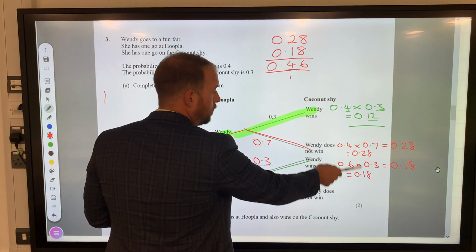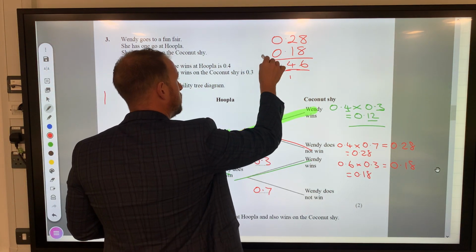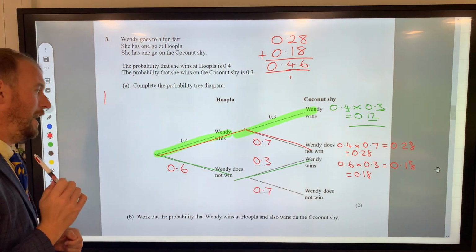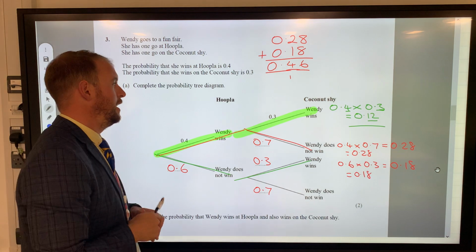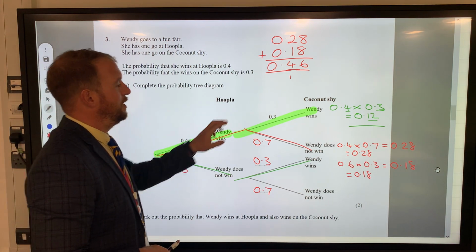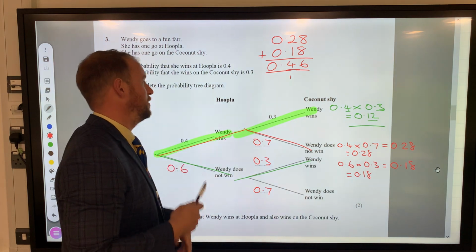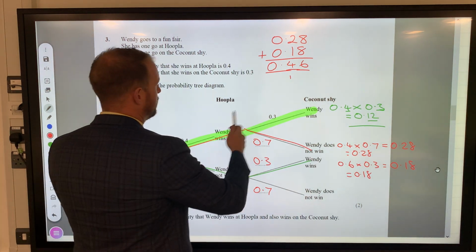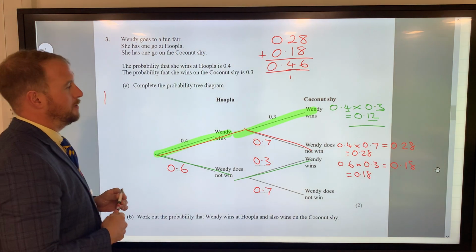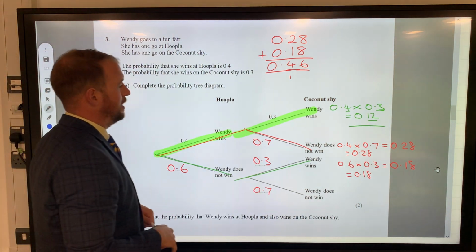When you've got 2 of the answers, you have to add them together. What I have seen with WJEC is they will have this part as a decimal, this part as a fraction. So my advice to you would be to convert them to be the same, and then it makes the multiplication a lot easier.